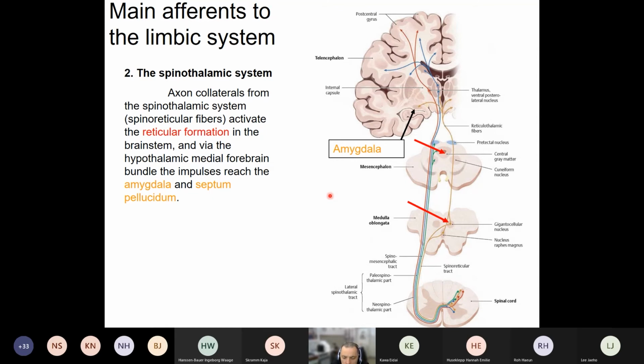You most probably remember that we defined the spinothalamic system as a system for protopathic sensibility, for crude touch, for pain and temperature.